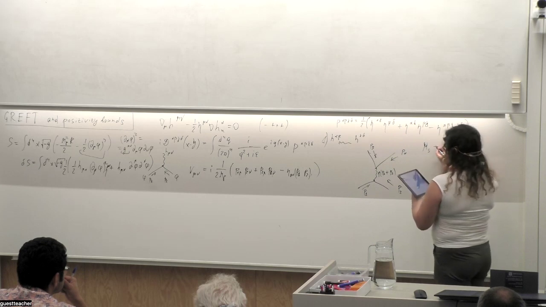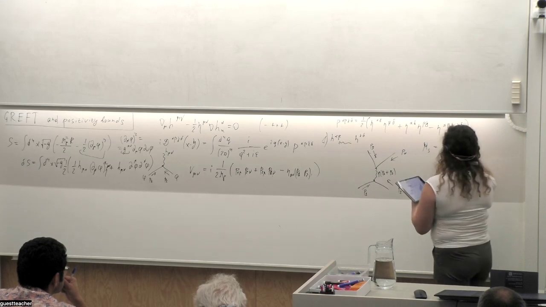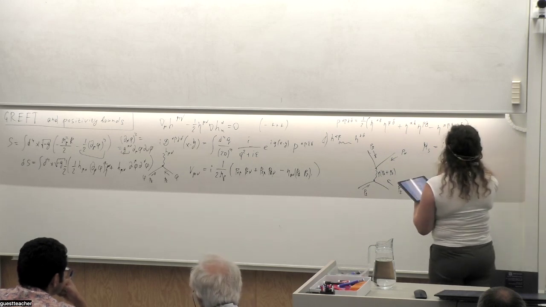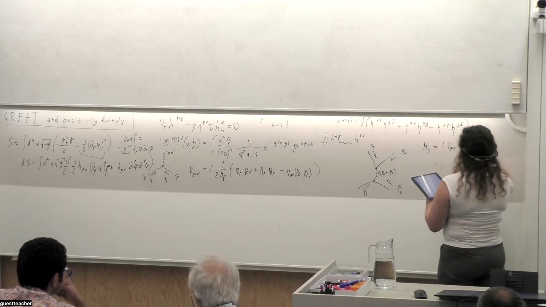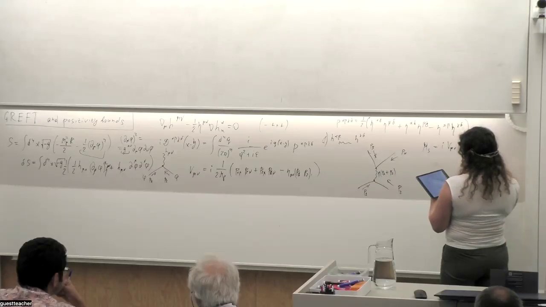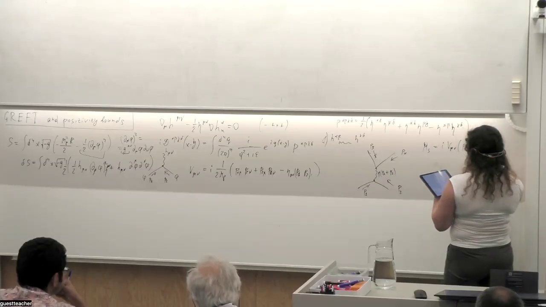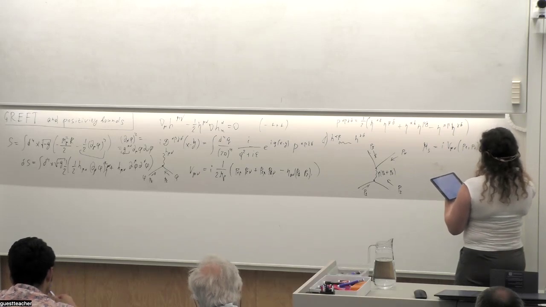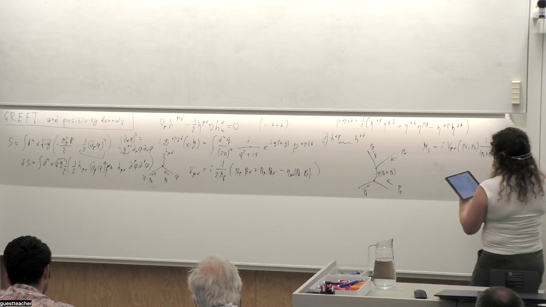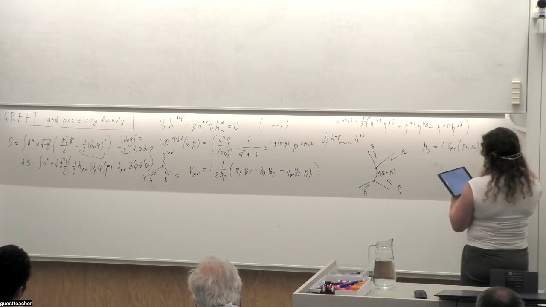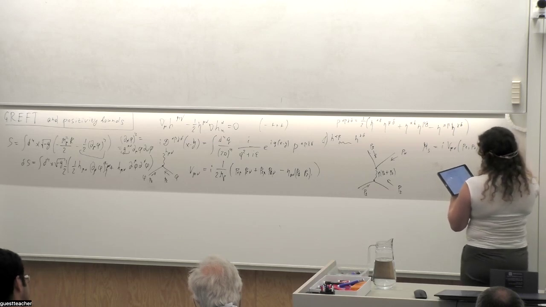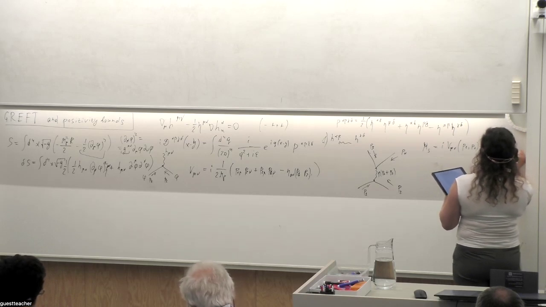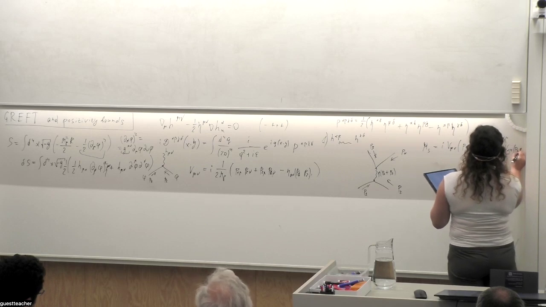In order to compute this, I need to take imaginary unity and contract V mu nu of P1 and P2. I need to contract it with the propagator, which has a simple part 1 over (P1 plus P2) squared, and this tensor P mu nu alpha beta, and V alpha beta of P3 and P4.